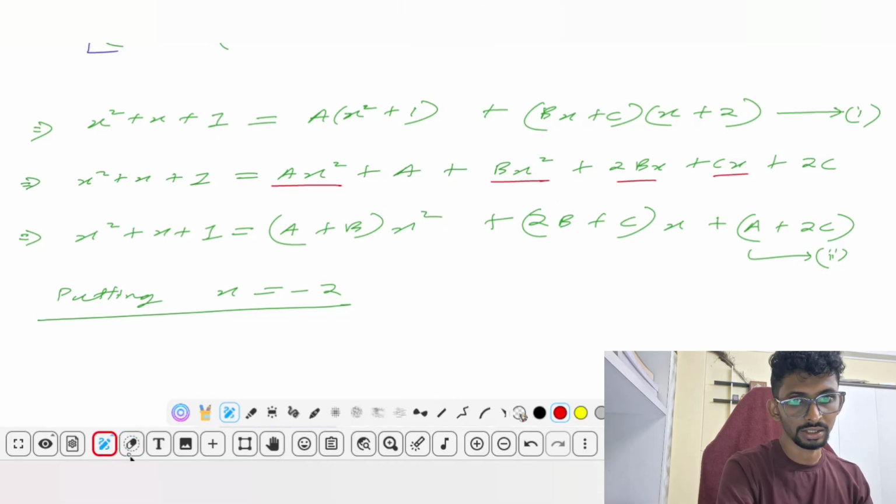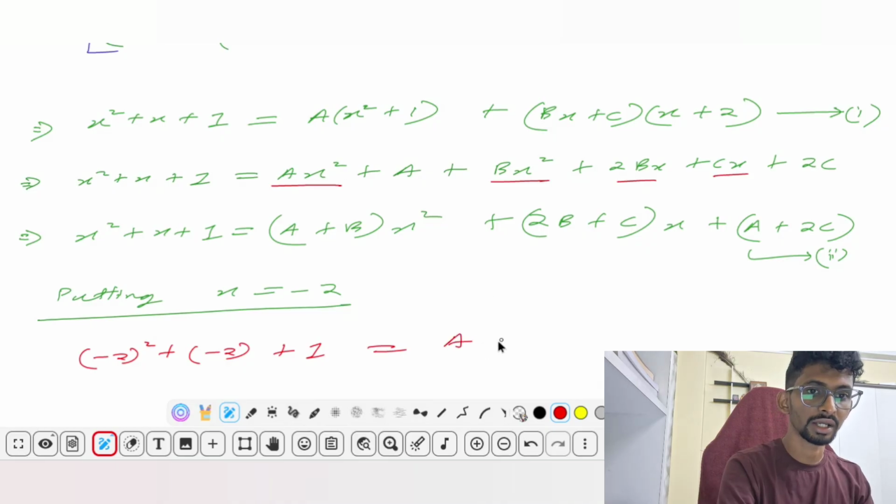So we can write LHS as minus 2 square plus minus 2 plus 1. In place of x, we substitute minus 2. And this will be a times minus 2 square plus 1 plus 0, because this second part will be 0.